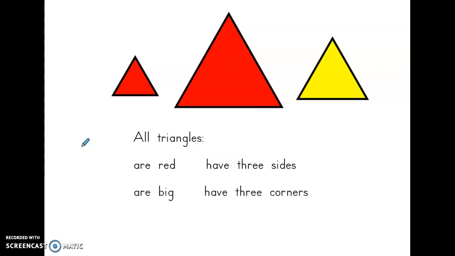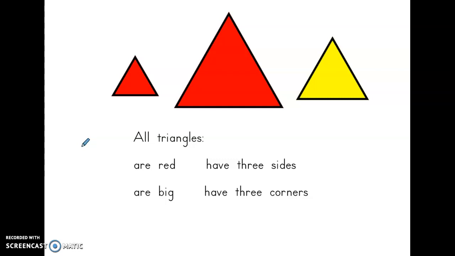So when we talked about plane shapes, we learned how there are features or properties or attributes of plane shapes that we use to identify whether or not a plane shape is a particular plane shape. For example, triangles all have three sides and three corners. That's how we identify a triangle as a triangle.